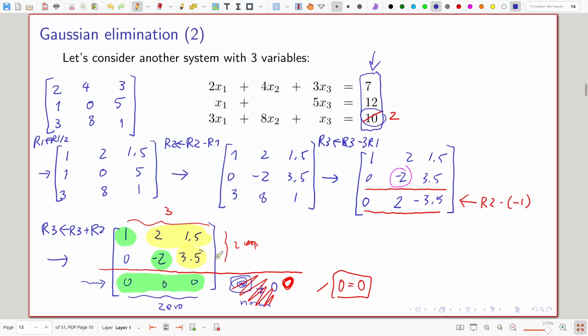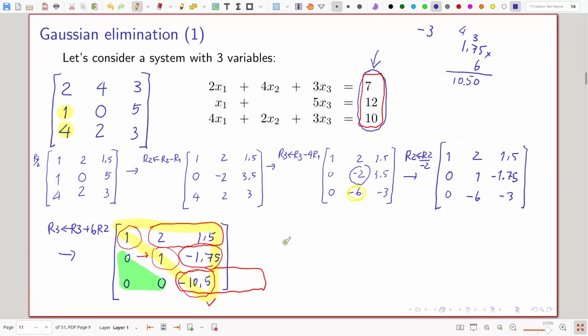Okay, but in this case, if you have 0 equals 0, then it's okay. We can actually solve the equation, but the equation will have more than one solution. Okay, so 3 cases again. This has one solution, because there's only one way to satisfy three equations at the same time like this.